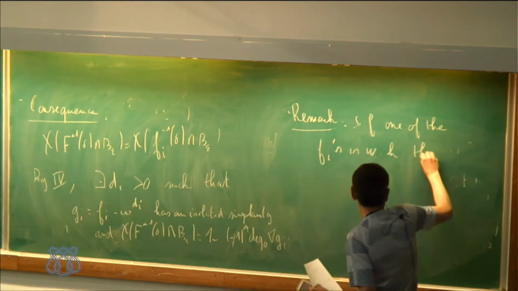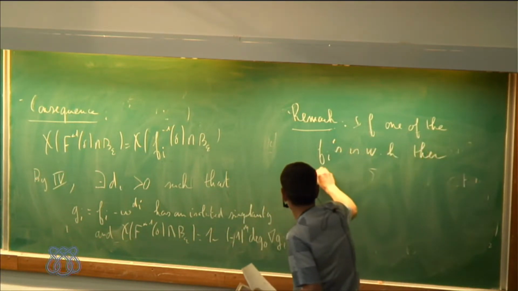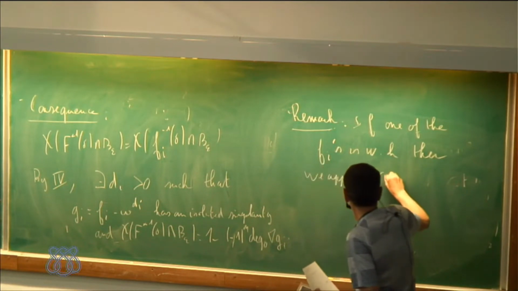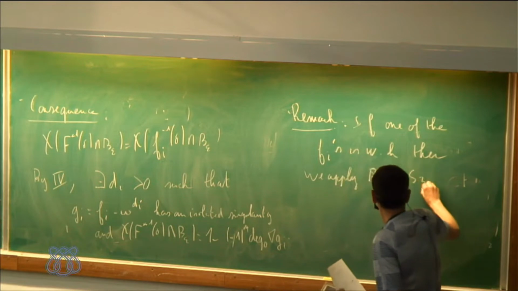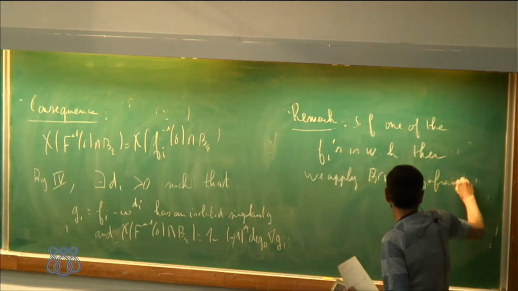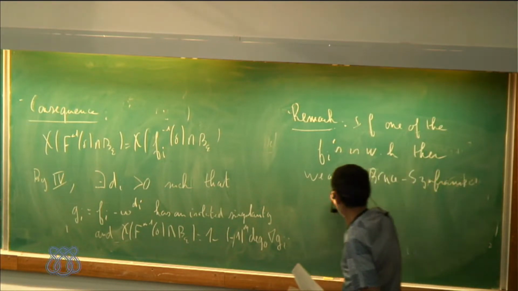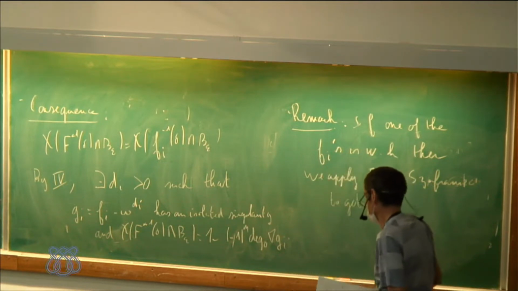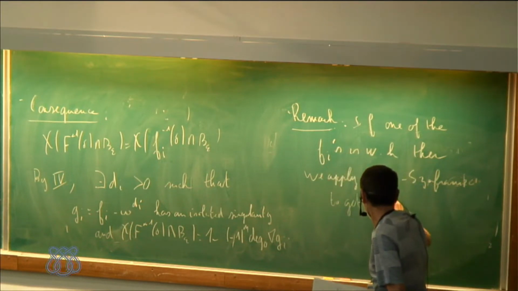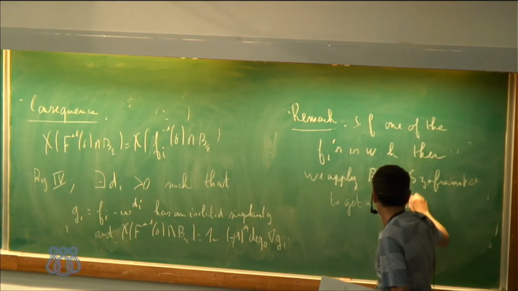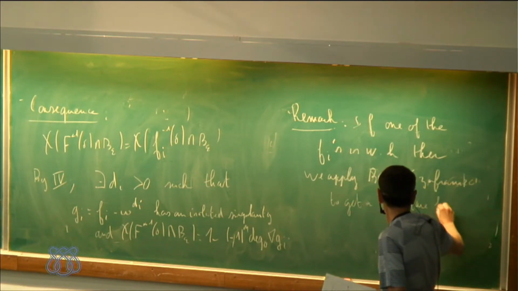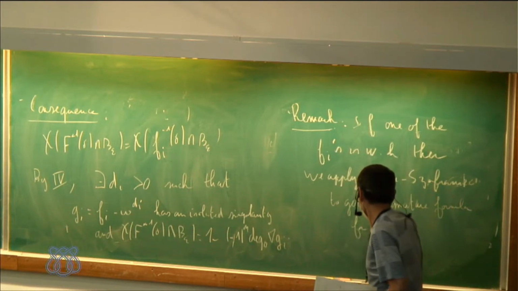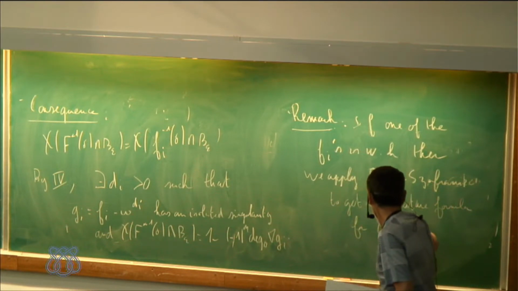Then we apply Bose-Zafraniec to get an algebraic signature formula for the Euler characteristic of the Milnor fiber.